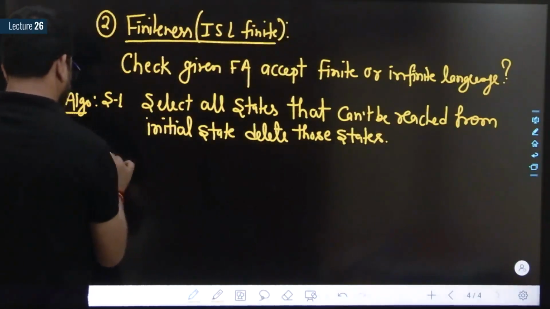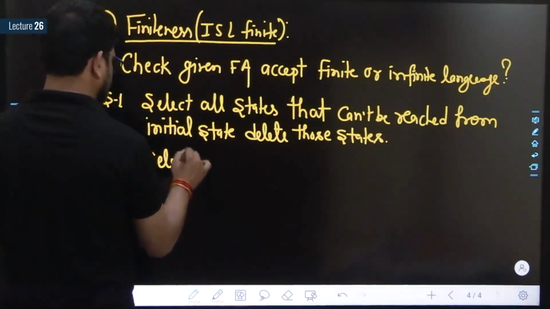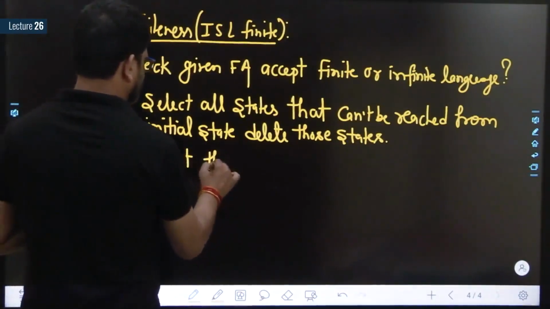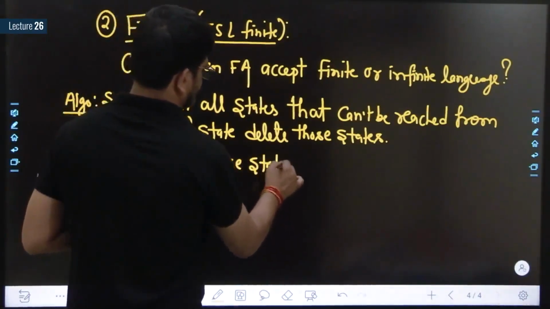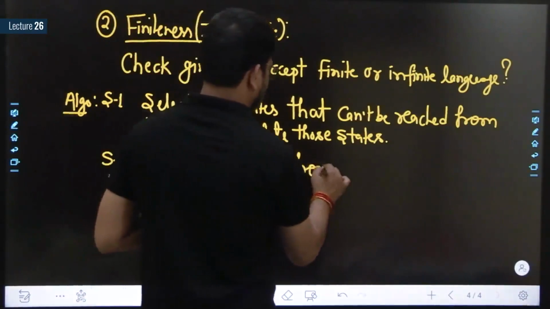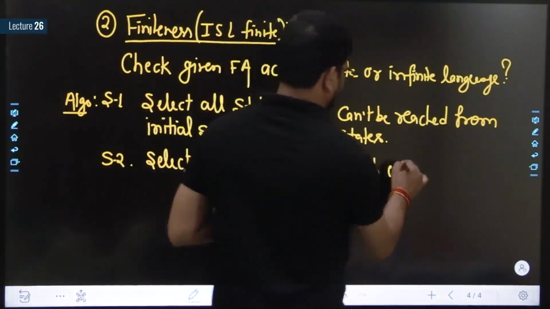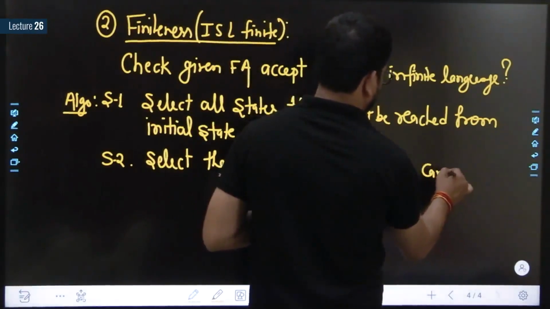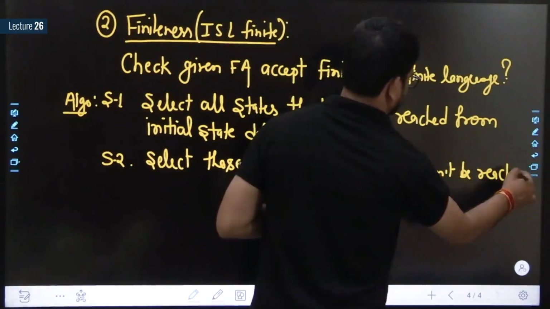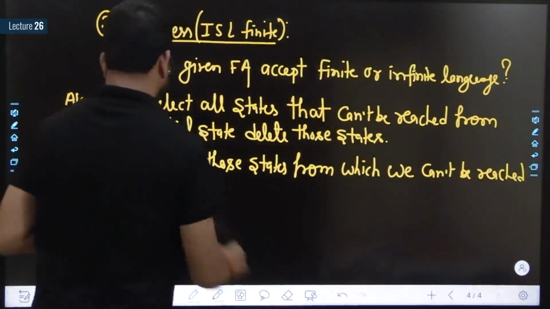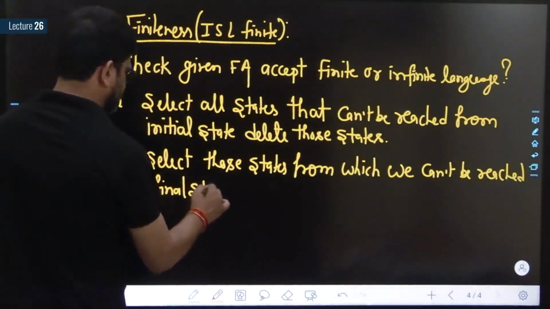Step second, select those states from which we cannot reach the final state.